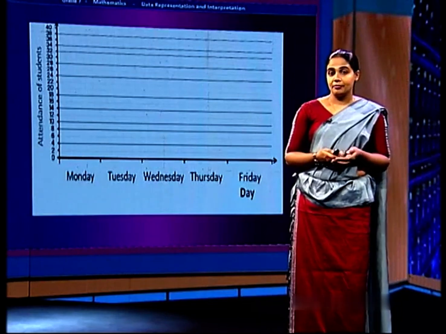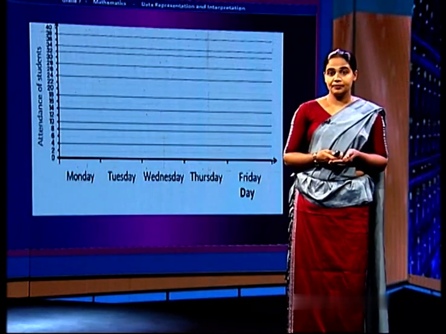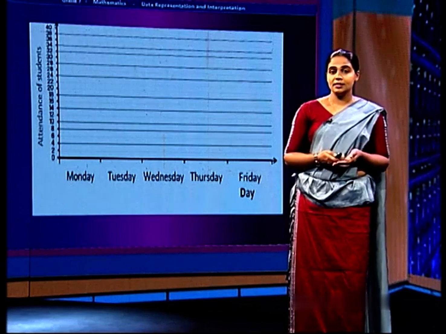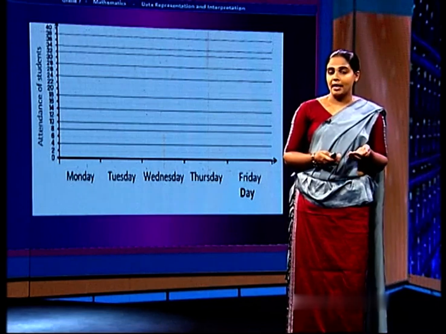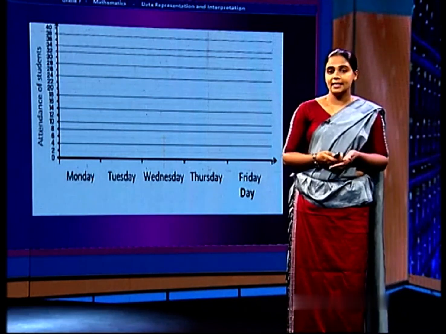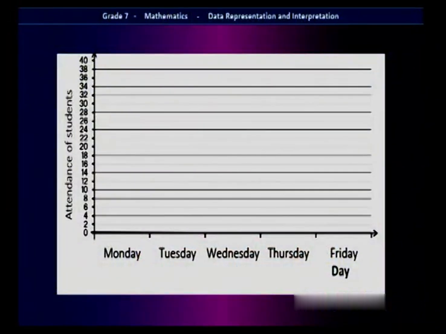Now we have to mark it up to 40 because the maximum number is 38. Then the line is marked 2 by 2. The marks are separated into the same parts and I mark 0 to 40. They are multiples of 2.